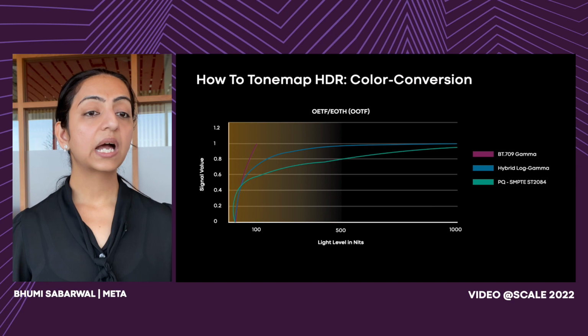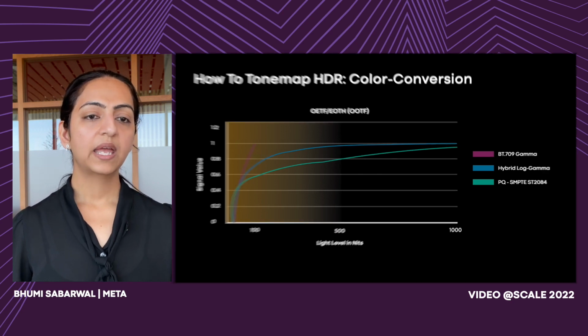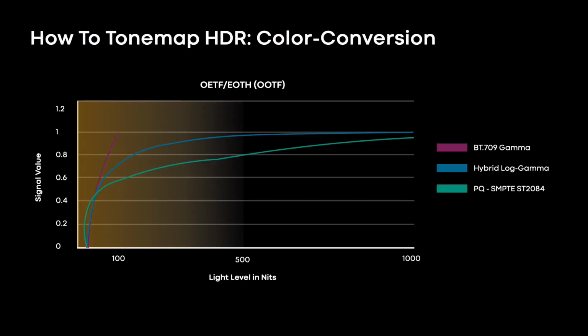Next question is how to tone map HDR. And the answer is color conversion. HDR to SDR tone map is a tricky problem, and there is a color space conversion from BT 2020 to BT 709. As we can see in the graph, these are nonlinear transfer functions.